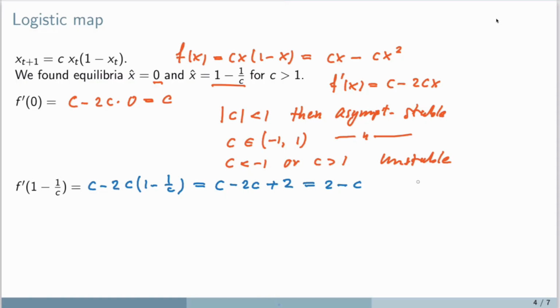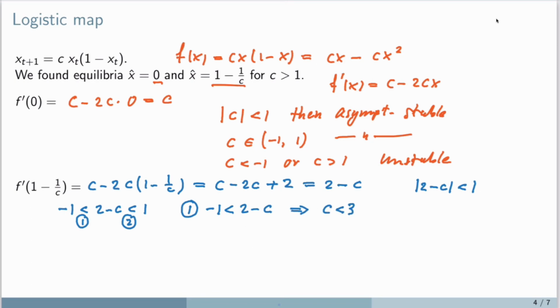And again, for stability, we are interested when is 2 minus c less than 1 in absolute value. Well, this in fact are two inequalities, so we need to satisfy minus 1 is less than 2 minus c is less than 1. Let's call these inequality 1 and inequality 2, and look at them separately. Inequality 1 reads minus 1 is less than 2 minus c, and I bring the c to the other side, so this implies that c is less than 3.